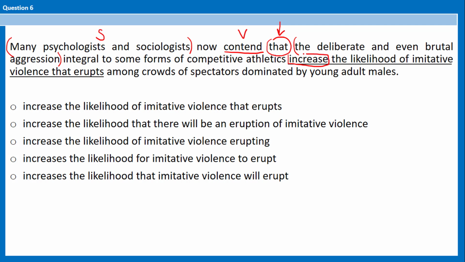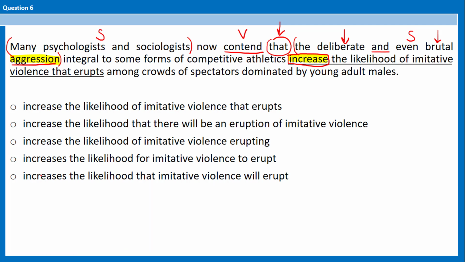Increase is the verb of the deliberate and even brutal aggression. The question is, is that subject plural or singular? Be careful because this word and is connecting 2 modifiers. Deliberate and brutal are modifiers that describe the noun aggression. So here the true subject is aggression. So the aggression increase.